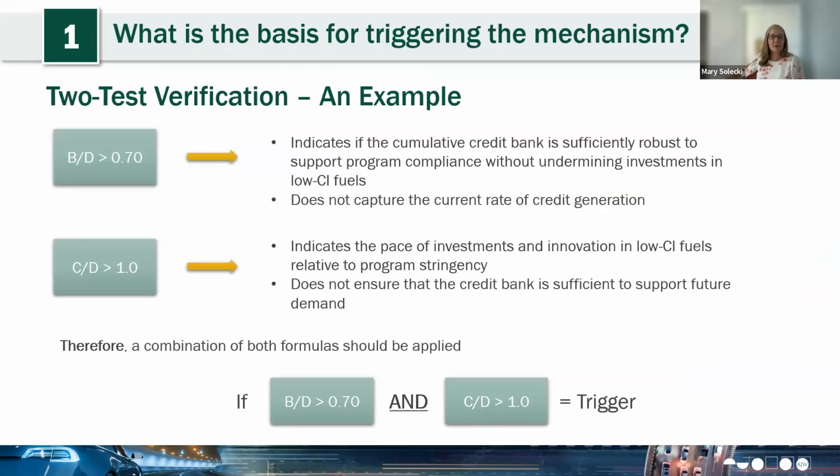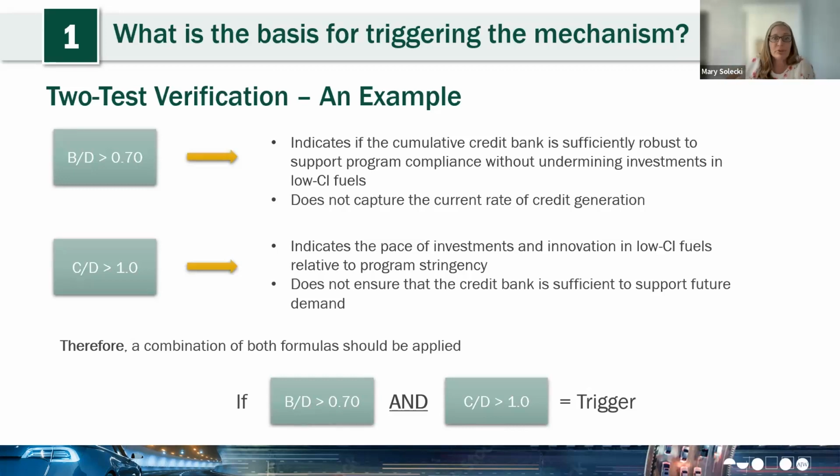Okay, so none of these individual trigger approaches seem sufficiently inclusive of the key variables. So where we ultimately landed was the fact that it's possible that a 2-test verification would be most appropriate so that you are capturing those 3 variables: the bank size, the rate of deficit generation, and the rate of credit generation.